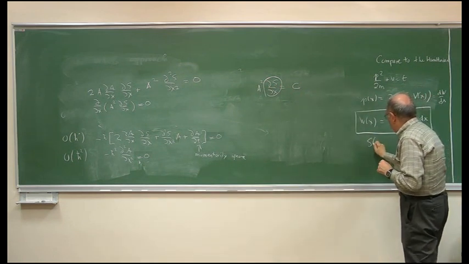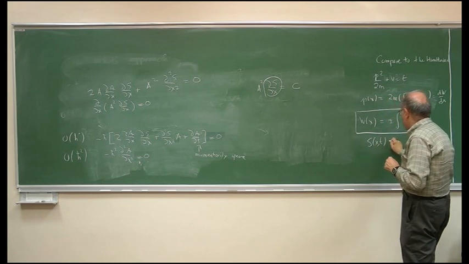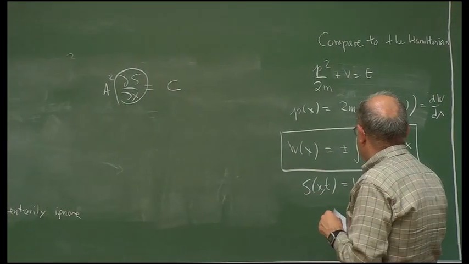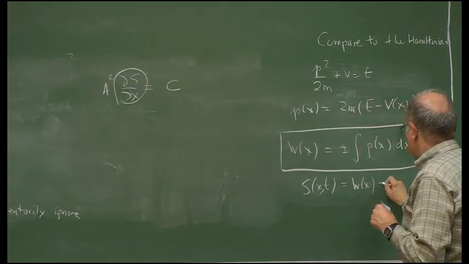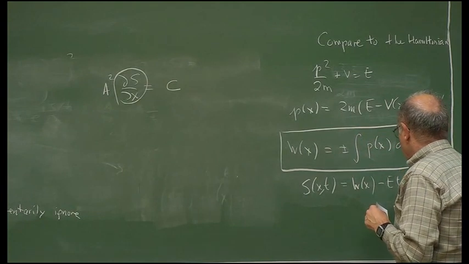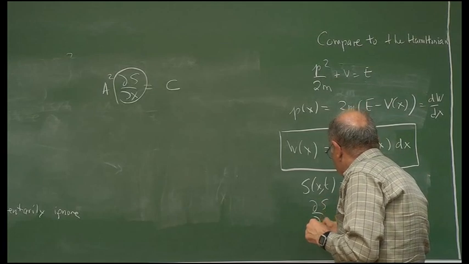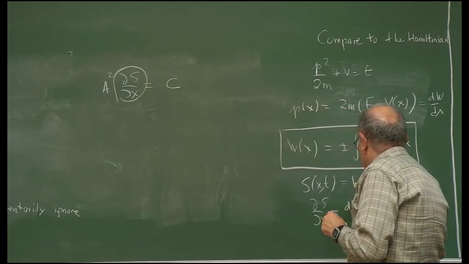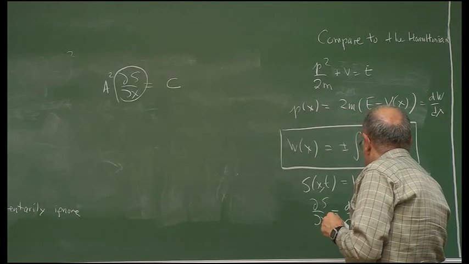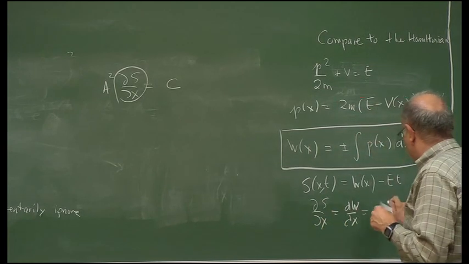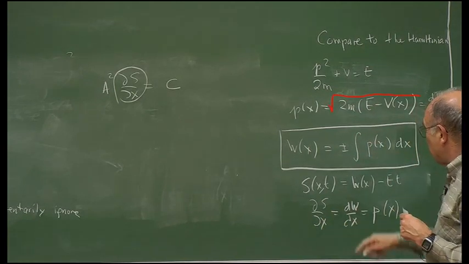I said S of x, t was W of x minus E times t, so that dS by dx is actually dW by dx. It's nothing other than p of x. This magic p of x.